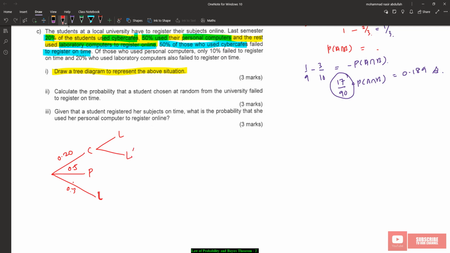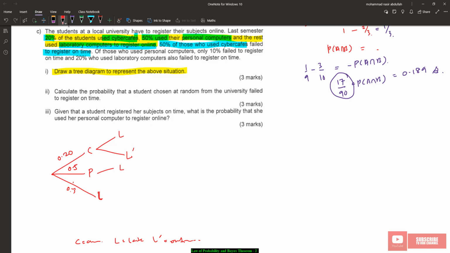So you need to put the notes. C is for cyber cafe, L is for late, L complement for on time. Then baru you boleh faham apa yang you buat. Always do this habit. Jangan buat macam you terror. You learn, you try to make notes dekat bawah, so you tak lupa.